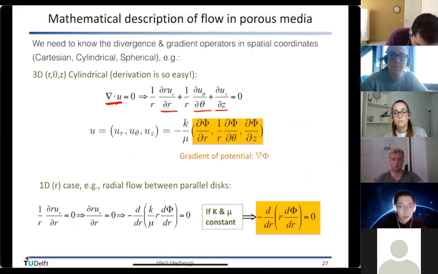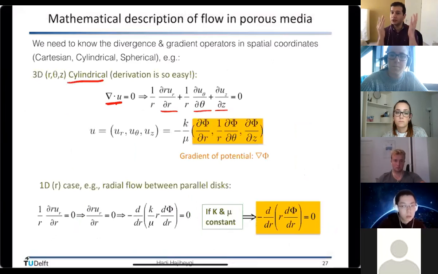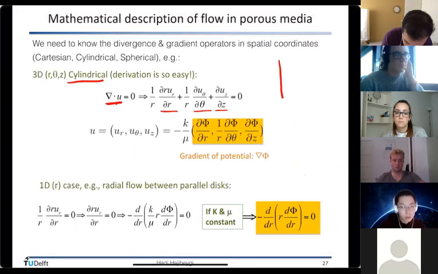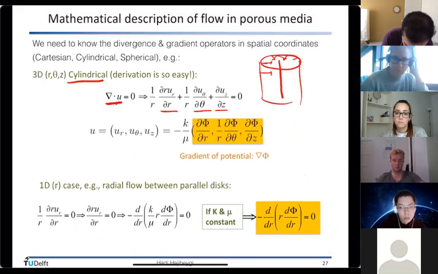In 3D, you write your Darcy's law in cylindrical coordinates, which means you have a well and you want to know the flow around it. So that would be radial in 2D or cylindrical in 3D flow.